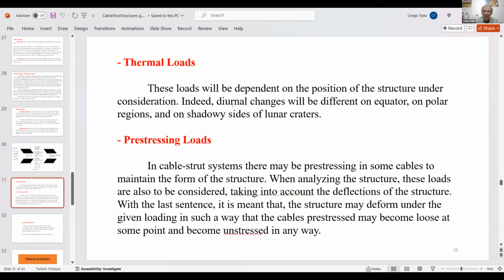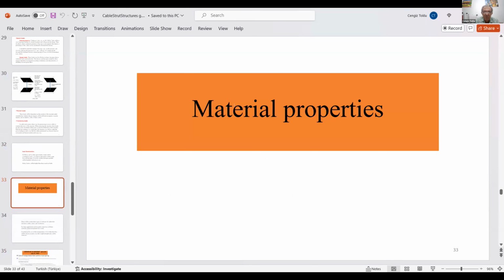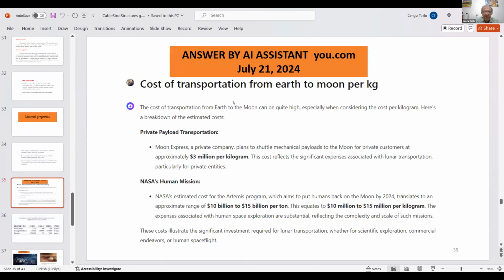There are also thermal loads because we are seeing the sun or not. Everything will be different. The load combinations also. Now, material properties are very important. Transportation cost is important.